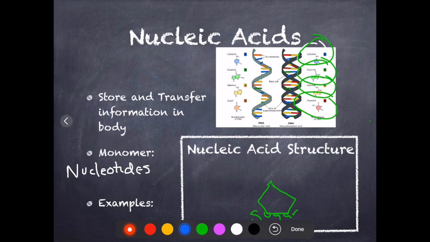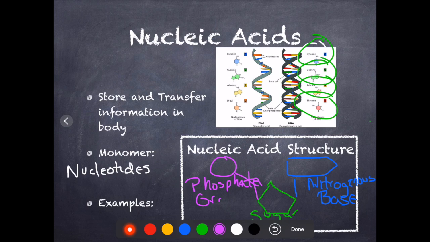Now, attached to that sugar, we have our nitrogenous base, and attached to the back end of it, we have a phosphate. Okay, this is called our phosphate group. So, composed of 3 parts, we have phosphate, sugar, nitrogenous base, and together all these form our information inside of our body.